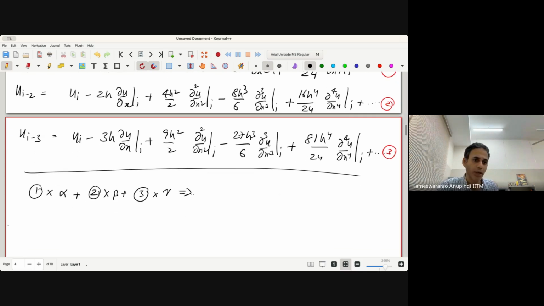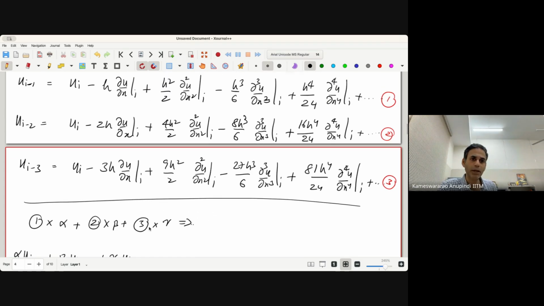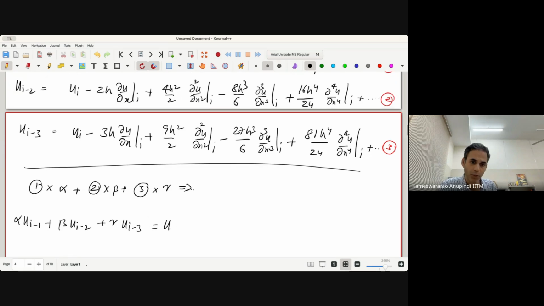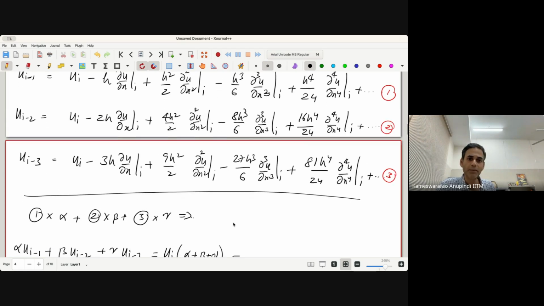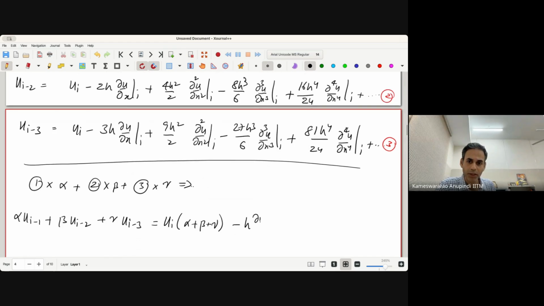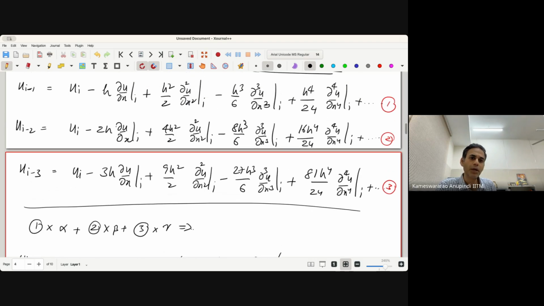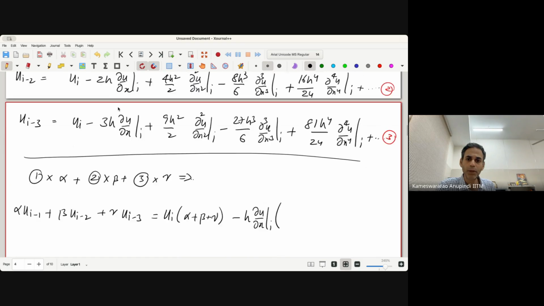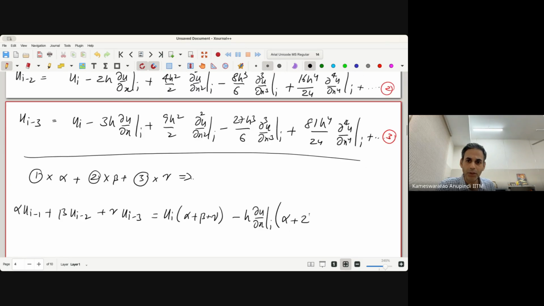That's alpha times u_{i-1} plus beta times u_{i-2} plus gamma times u_{i-3} equals, on the right-hand side, u_i times (alpha plus beta plus gamma). Then we have minus h ∂u/∂x at i times (alpha plus 2 beta plus 3 gamma).